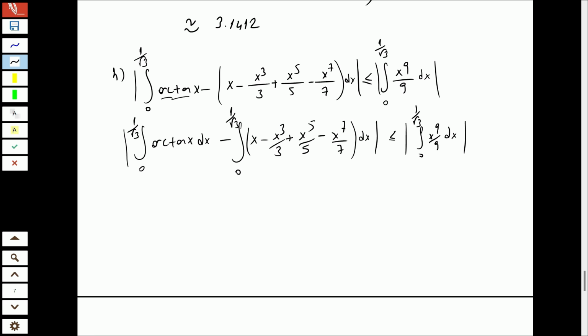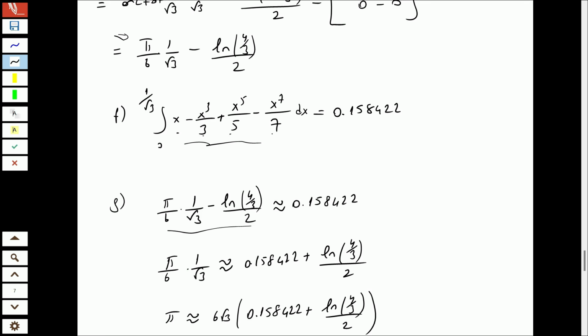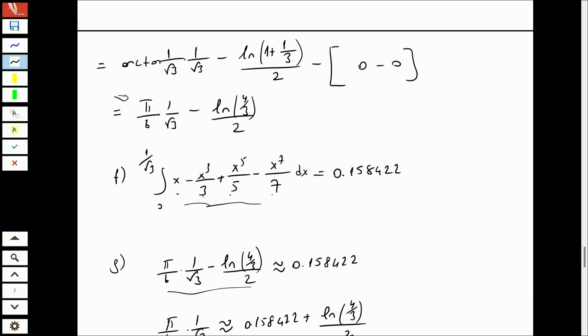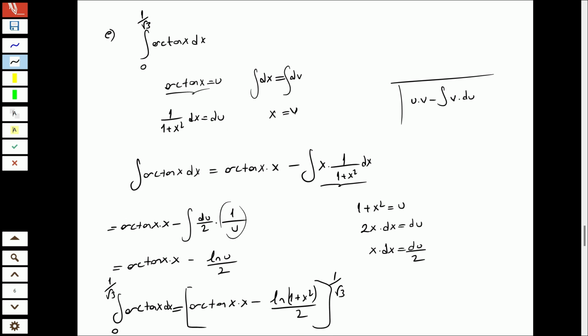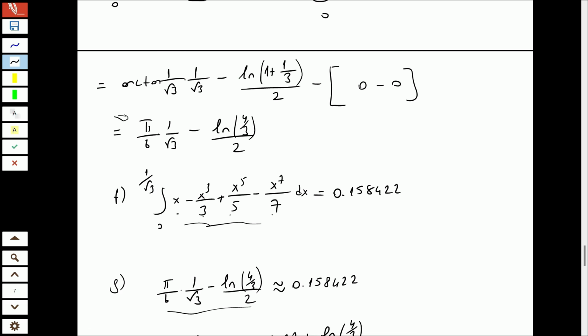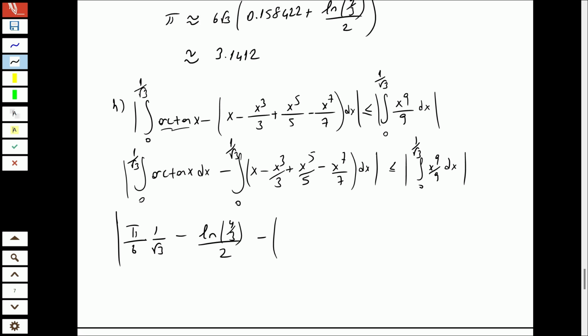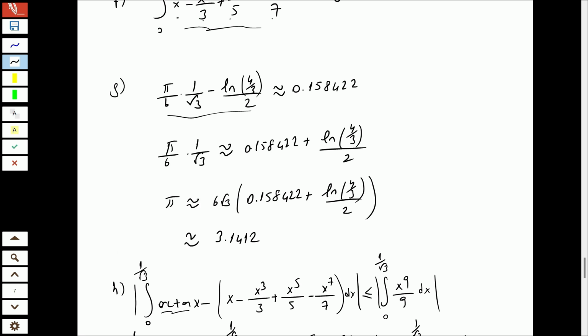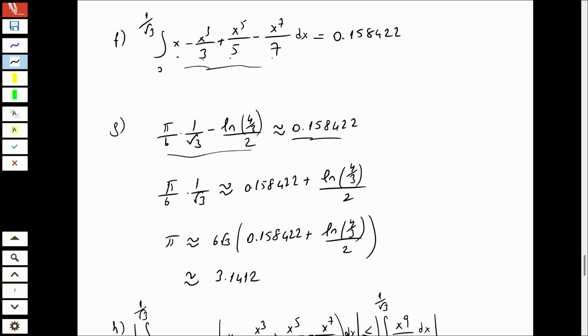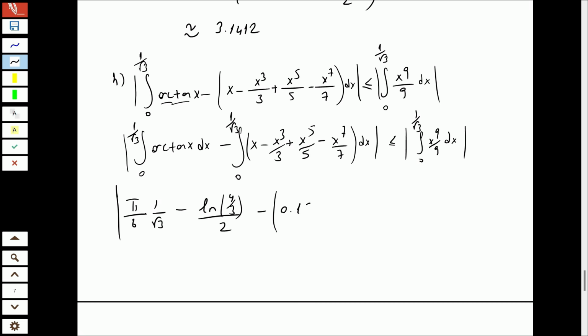So let's check. We found in the previous question the one with arctangent x. This is the answer. We can copy this one, and I will subtract from this the value that we found in the previous question, which is 0.158422.